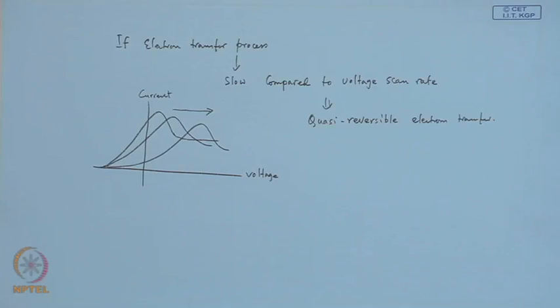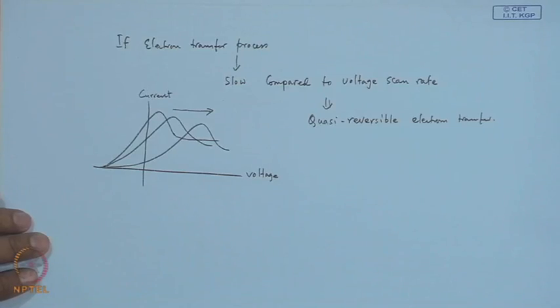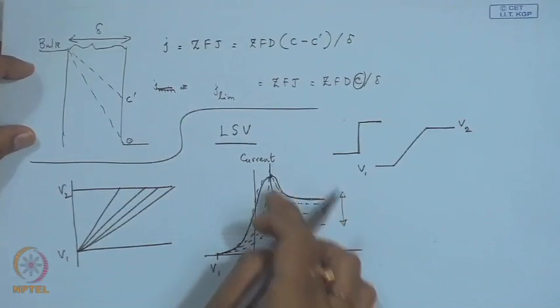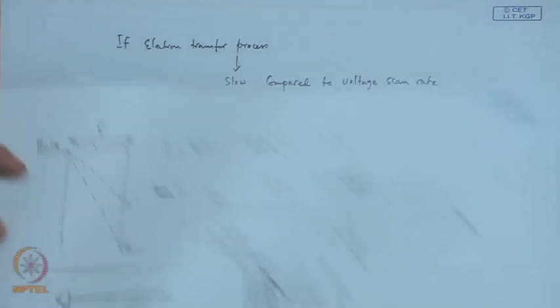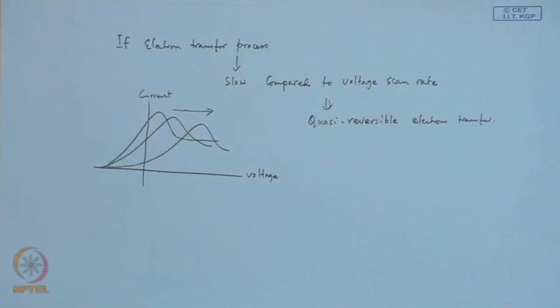You change the scan rate, and if you get a curve like this one, no change: in one case this peak potential is not changing, in this case your peak potential is changing. That will give you the idea of whether your electron transfer process is slower than your voltage scan rate, that is, whether it is a quasi reversible or irreversible electron transfer.